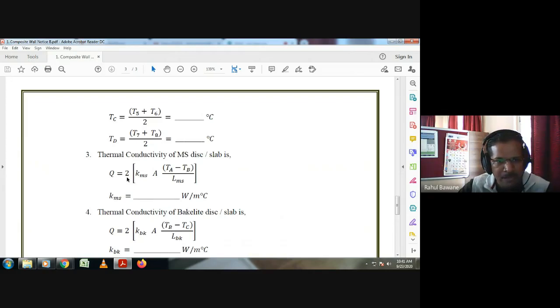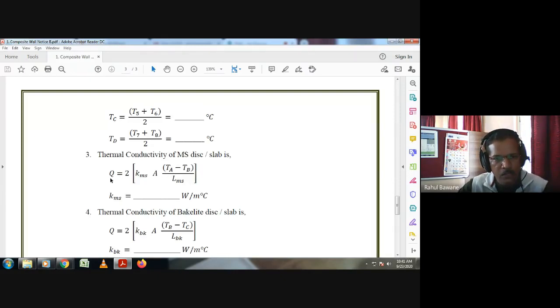When we are talking about the MS disc, we use the relation Q is equal to twice the thermal conductivity of MS, K_MS, times the cross section of the MS disc, times the temperature difference for MS. That is the average temperature of the inner surface of the MS plate, TA, minus the average temperature of the outer surface of the MS plate, TB, divided by the thickness of the MS plate.